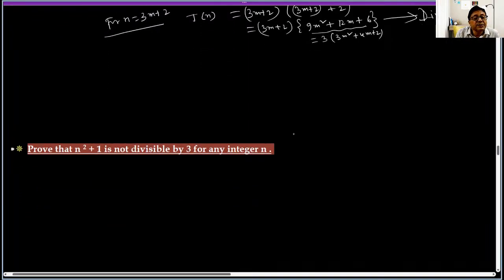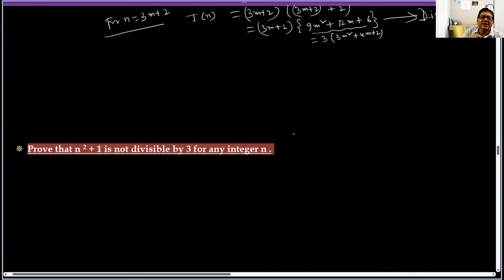Prove that n square plus 1 is not divisible by 3 for any integer n. So you have to prove that there is always a non-zero remainder when you are dividing by 3. Agree with me or not? I am considering divisibility by 3 because integers you can take 2k, 2k plus 1, whatever.